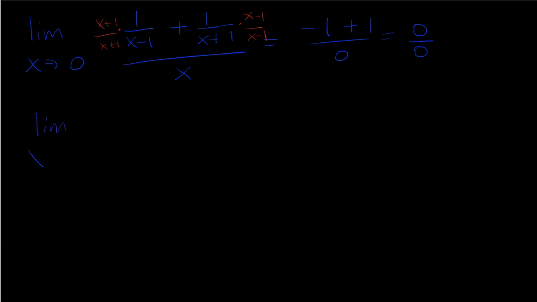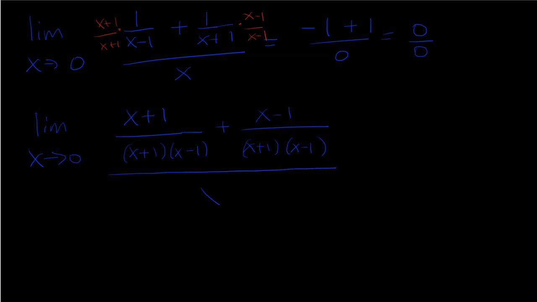So we have the limit as x approaches 0 of x plus 1 over x plus 1 times x minus 1, plus x minus 1 over x plus 1 times x minus 1, all over x. They both have the same denominator, so I can just add these. I have x plus x, which will be 2x, and then 1 and negative 1 just cancel.